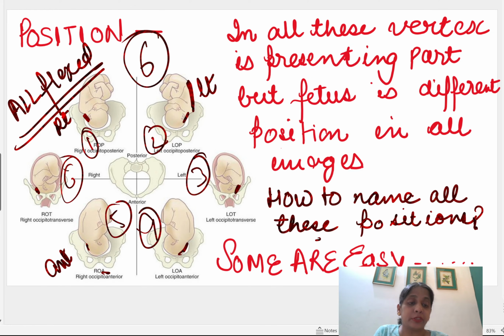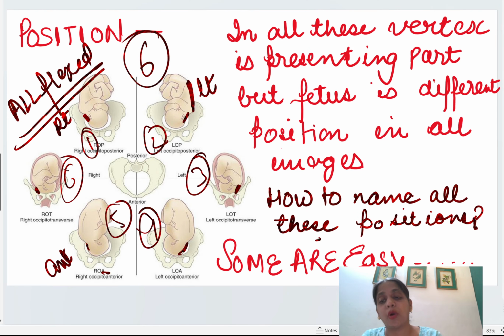As an obstetrician, we have to identify the positions in which delivery is easy and in which it is difficult. And to identify the positions in which delivery will not occur, we need to do cesarean. That is our job. So now just see here how to identify the position in which delivery will be easy.